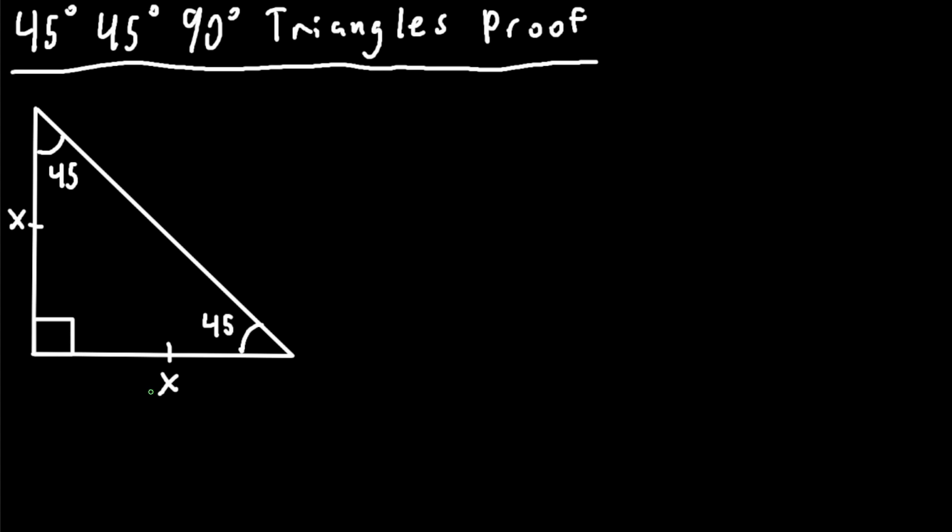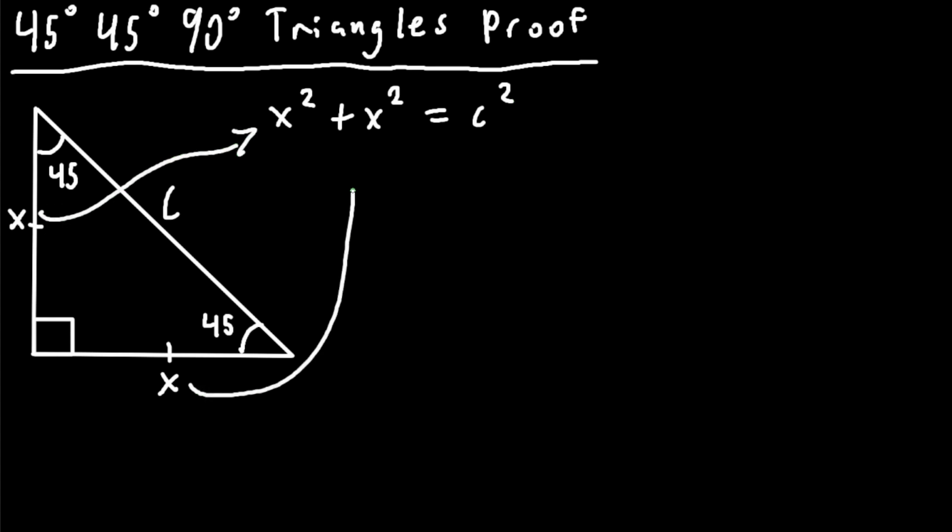From here, I'm just going to say the hypotenuse is going to be equal to c. So using the Pythagorean theorem, I can say that x squared plus x squared is going to be equal to c squared. Of course, this x squared comes from that x, and then the same for that one, and c goes over there. So I'm going to combine like terms.